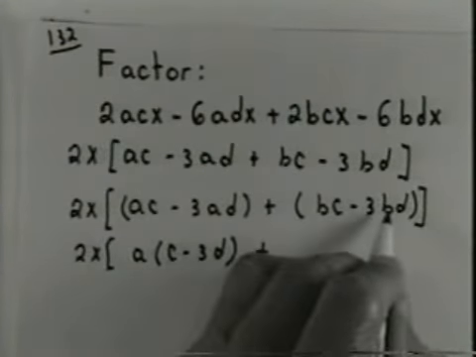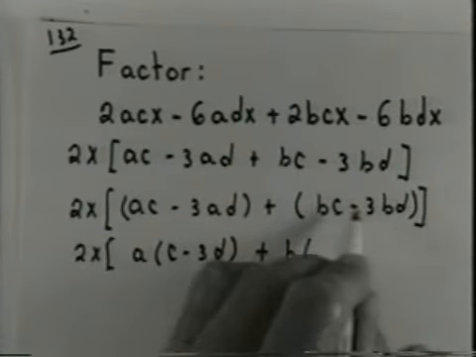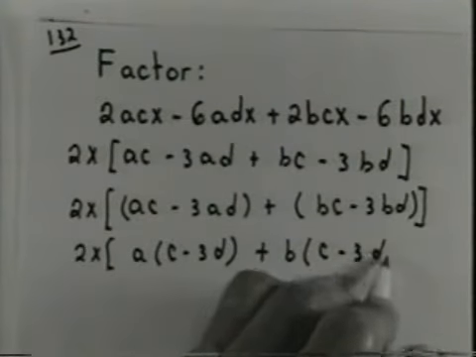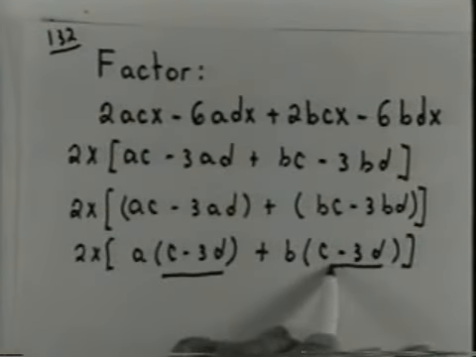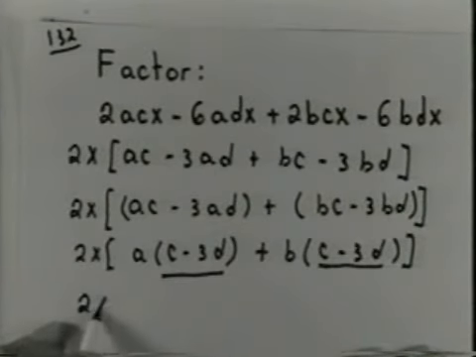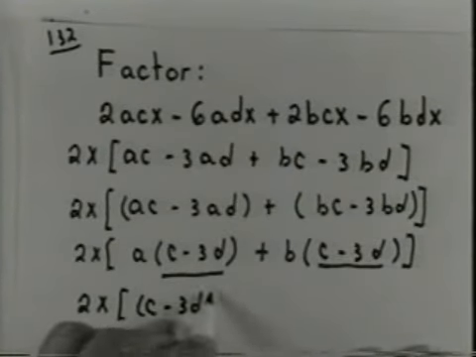Here I have a common factor of b. If I remove the b from these 2 terms, I'm left with c minus 3d. Aha, we're in luck. C minus 3d is a common factor, so I can write it as 2x times c minus 3d.